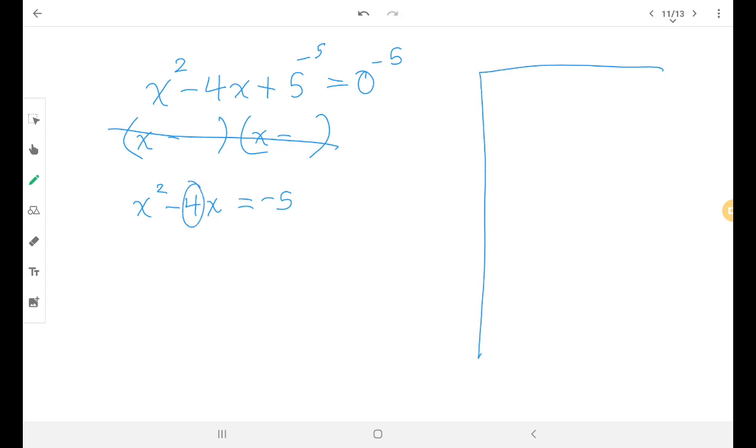You take this number and you take half of it, which in this case happens to be 2. You square that, and then you add that thing and then subtract it away again immediately. Okay? So I'm going to write that down. X squared minus 4x plus 2 squared minus 2 squared equals -5.